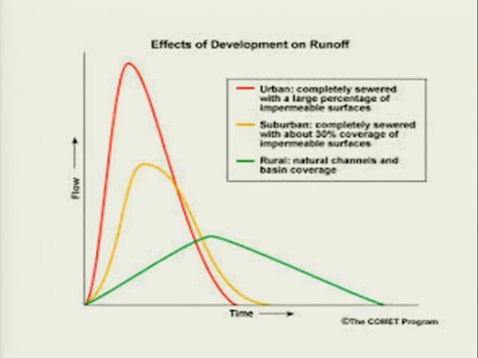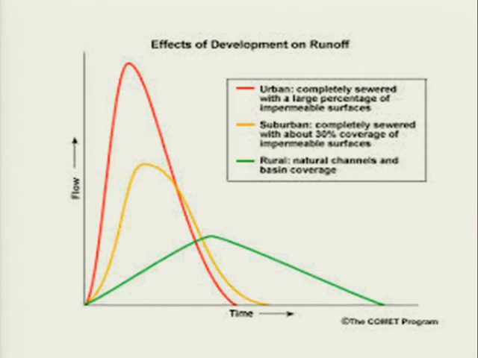Here is another example of the effects of development on runoff. The red one is the urban area, the yellow one is the suburban area, and then the rural area is the green one. Look at it. Red one, urban areas, goes into rising limb fast and steep. The rural areas, more gradual.